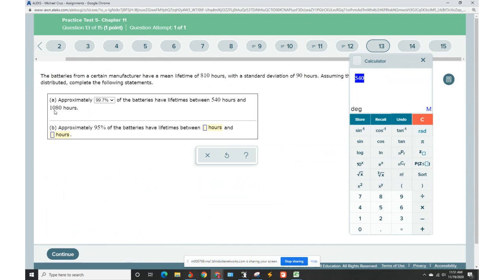Now they ask us, what are the values or the borderline points, or the margins, for 95%? Well, what is 2 standard deviations? 2 standard deviations relates to 95. So 90 times 2 is 180. So I'm going to add that, and that'll be the upper boundary.